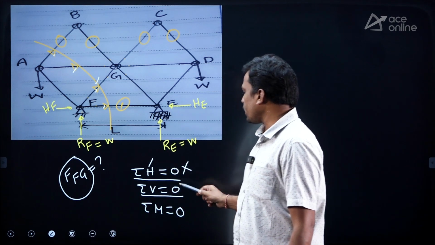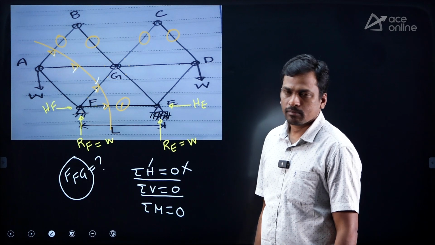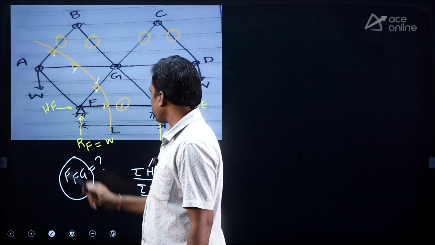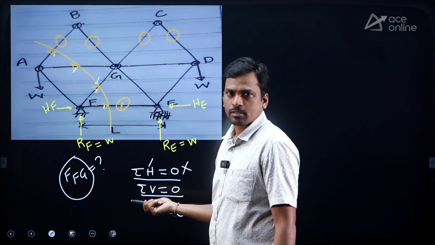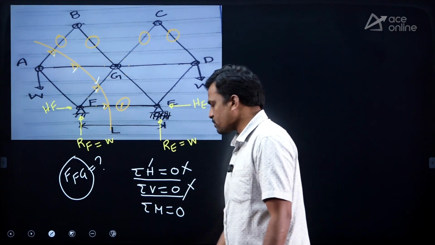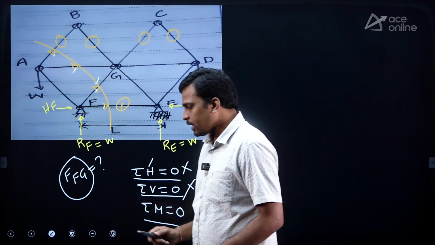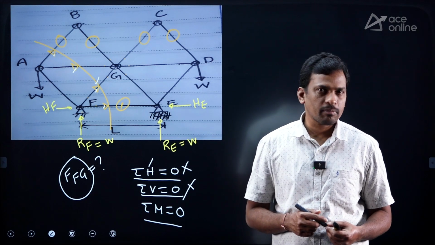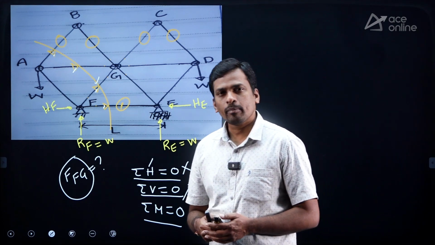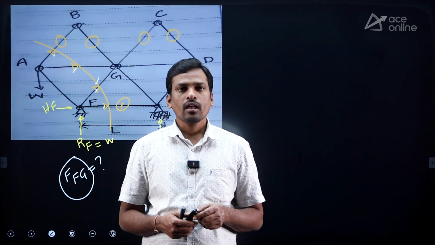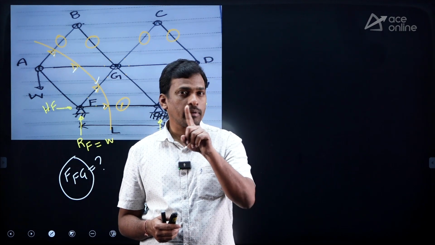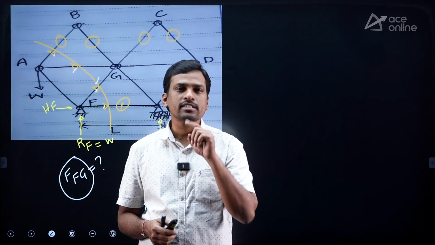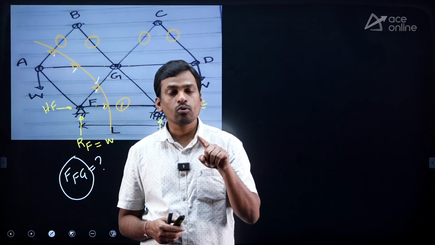Next try with sigma v. How many vertical cut members are there? Vertical cut members 1, 2. If it is only one, that is possible, but it is more than one, so not possible. Then sigma m, for the moment equilibrium equation, which concept do we have to follow? The wanted and unwanted member concept. For the moment equilibrium equation, all the unwanted members should meet at the same joint, and the wanted member should not meet at that joint.